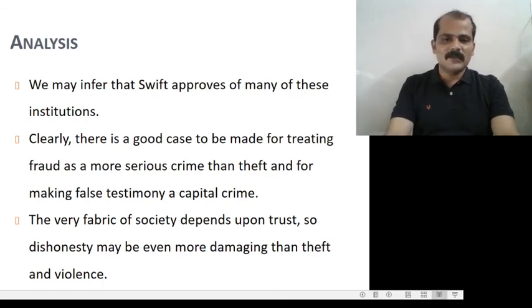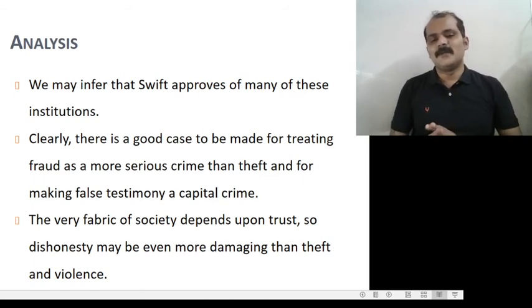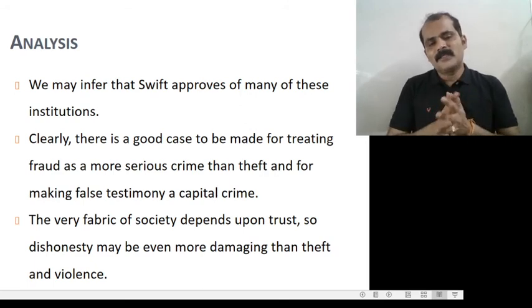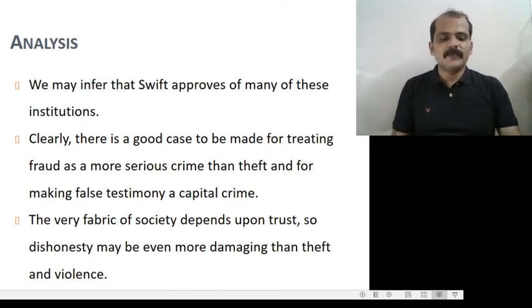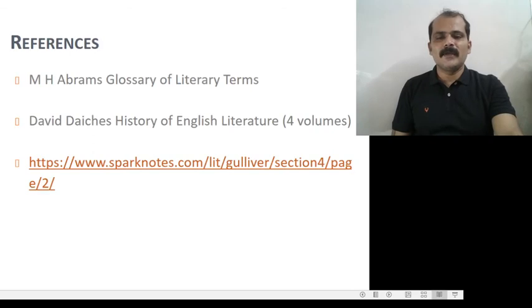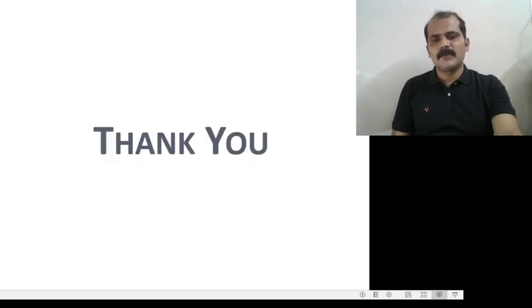Look at how the very fabric of society depends upon trust. That is how trust is very important in this society. So dishonesty may be even more damaging than theft and violence. This is how Swift brought out all these elements in the voyage to Lilliput. Beautifully brought out. This is the reference I used for it.